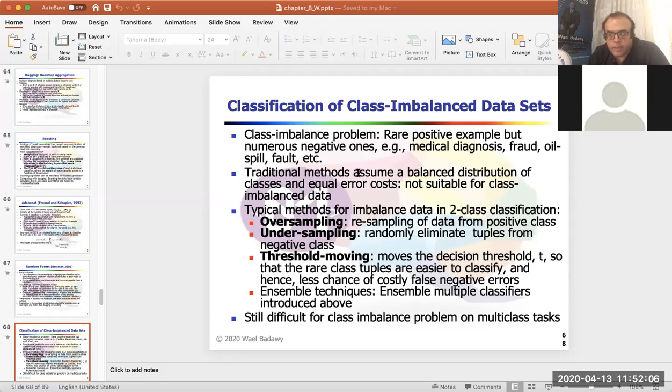One is oversampling, where I resample the data from the positive class. I can undersample, where I randomly eliminate tuples from the negative class, basically cutting the number of samples. I can also move the decision threshold so that the rare class tuples will be easier to classify, which is what we talked about: weighting the contribution to the decision.